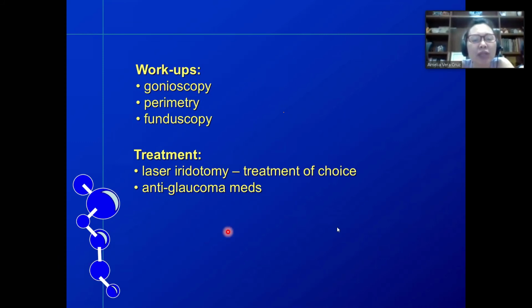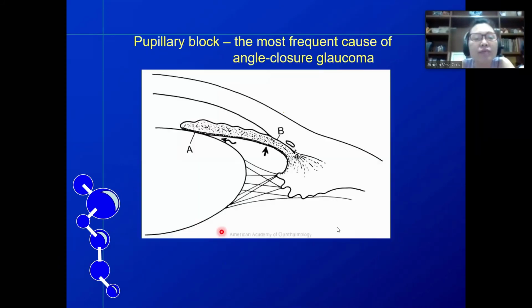Pumunta nga tayo dito. In acute cases na ganito, napababa mo na siya ng konti. Wala kang daanan dyan ng aqueous. You can do laser iridotomy. Magbubutas ka dyan. Bubutasin mo ang iris para i-divert mo ang kanyang drainage from the pupil.